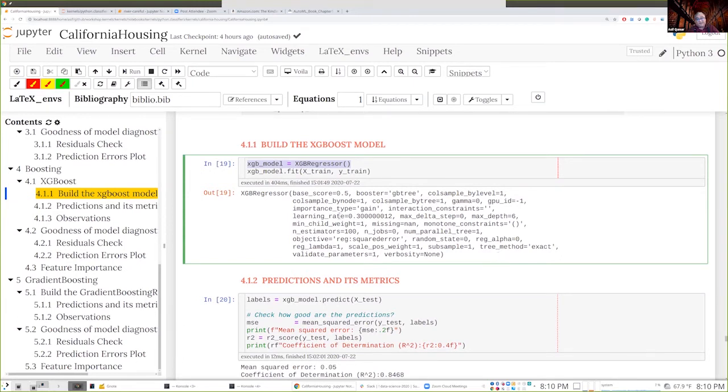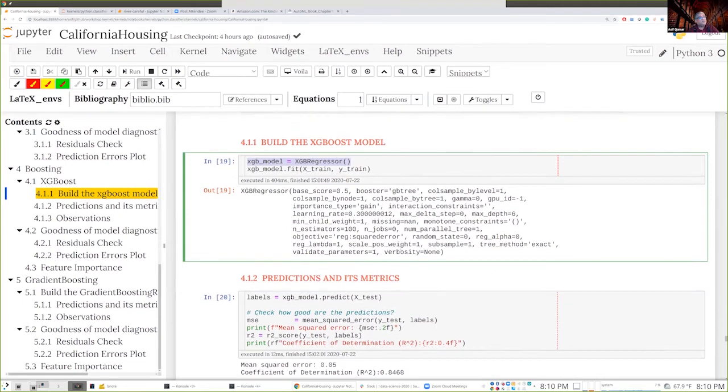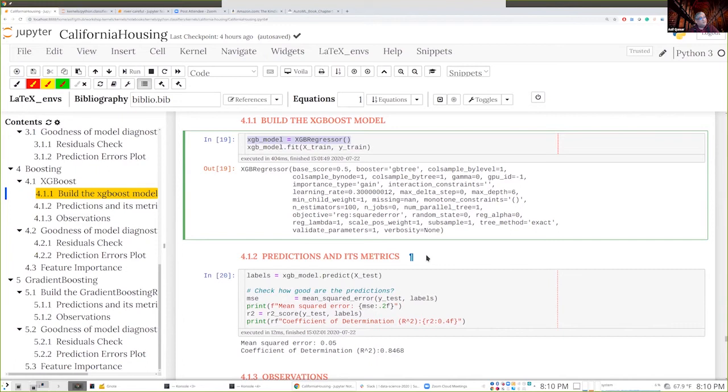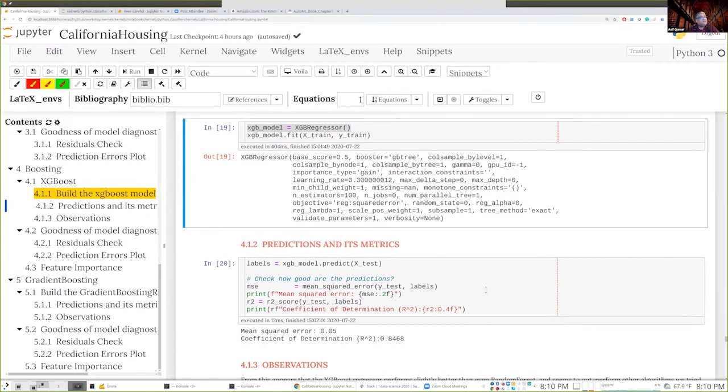This is the lambda that we talked about in our notes. The dampening of the learning rate, how slowly you want to learn. And remember, one of the lessons we learned is that the slower you learn, sometimes the better. And how many trees are you growing one after the other sequentially? These many trees you're developing. So there are a lot of things to tune in all of this.